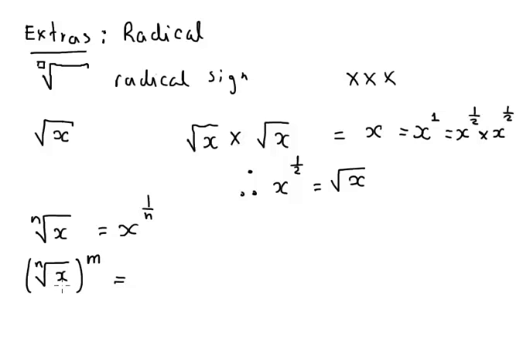This thing inside here is x to the power 1 over n, elevated to power m. Then this is x to the power m over n. So now you must understand, if I've got an exponent like this one, there's a radical operation, a radical sign, and there's also a power m involved.